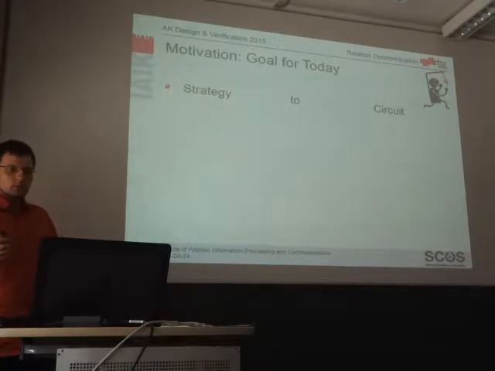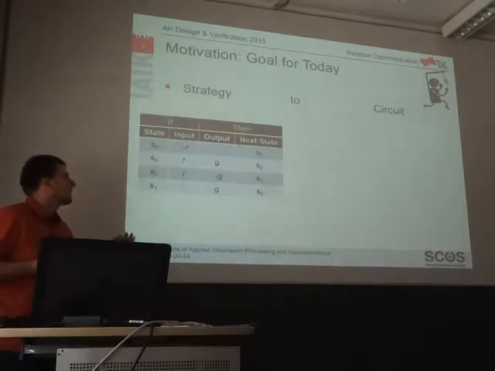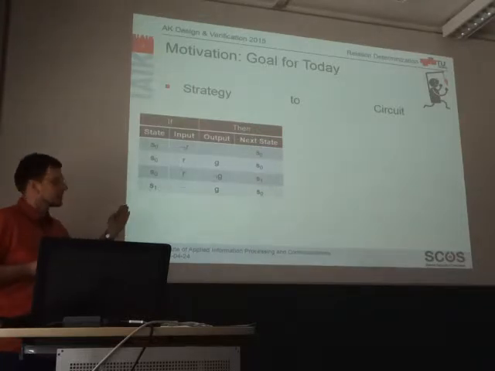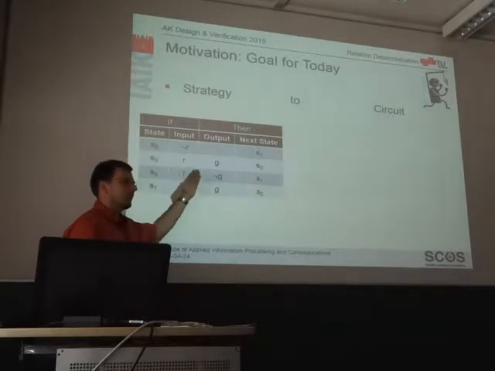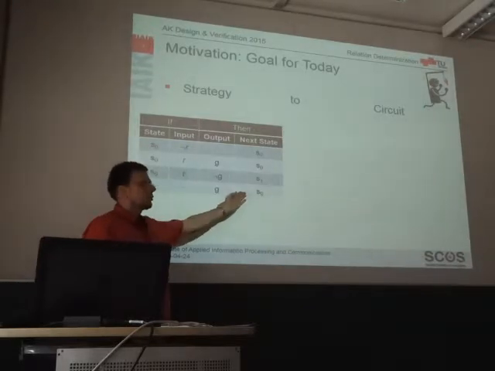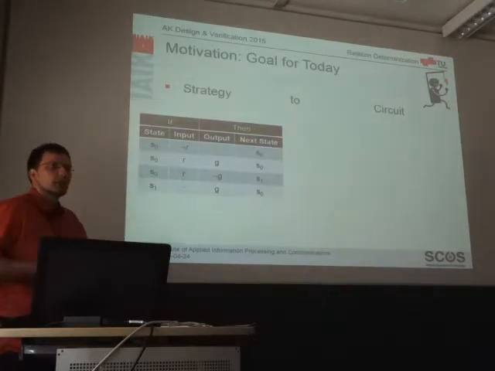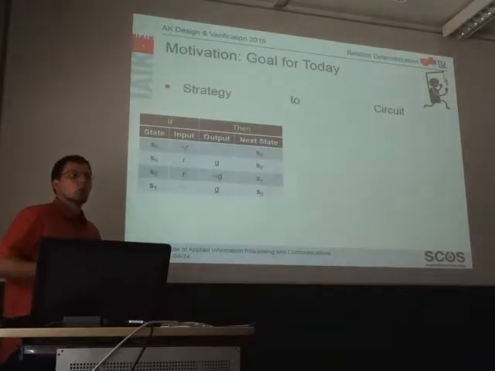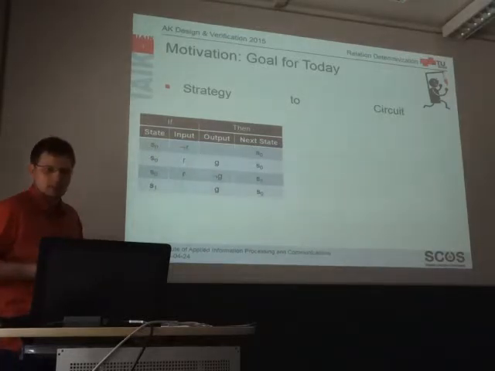So a strategy, as you already know, is basically nothing else than a very big lookup table that says if you are in this particular state and you see this particular input, then you give this particular output and go to this particular next state. And of course, this is just a very small example. In reality, these tables would be way too huge to actually write down or represent explicitly.